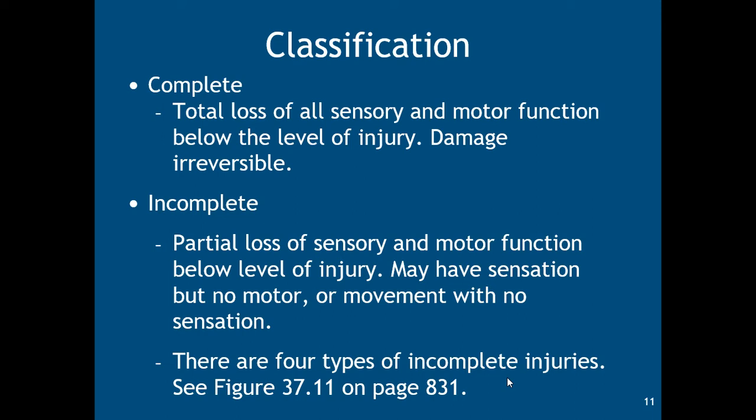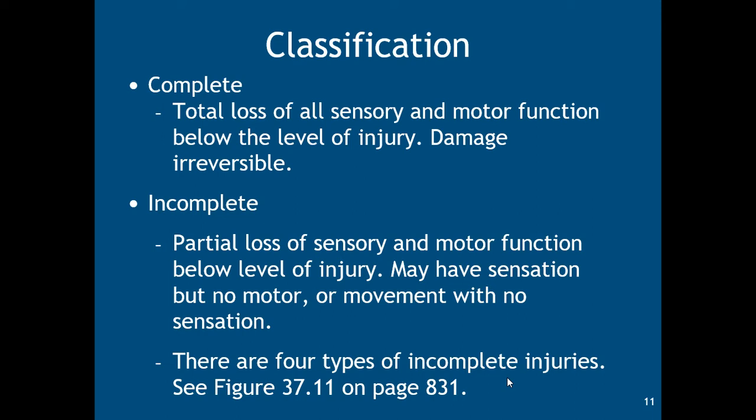They may have sensation, but not really any motor or movement. That essentially means it's incomplete. They may have sensation, but no motor or movement without sensation. So it just varies.